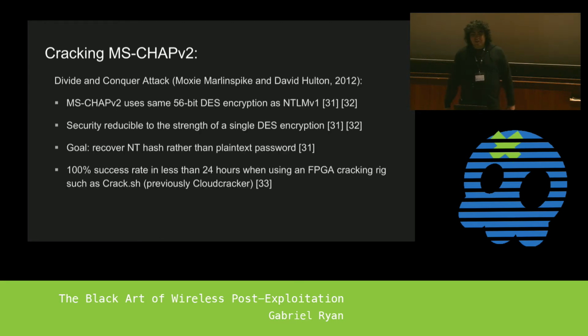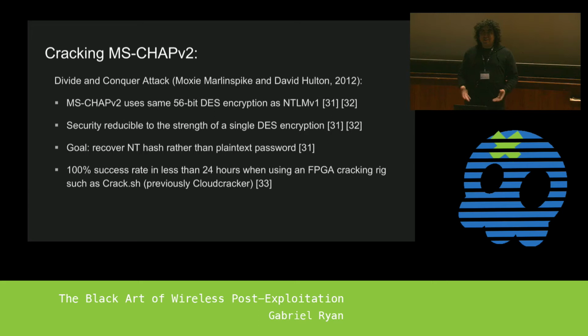Well, cool thing is back in 2012, four years after this attack came out, two really cool researchers by the name of Moxie Marlinspike and David Hulton came up with a divide and conquer attack. What they figured out is that MS-CHAP-v2 you can actually boil down to 3DES.